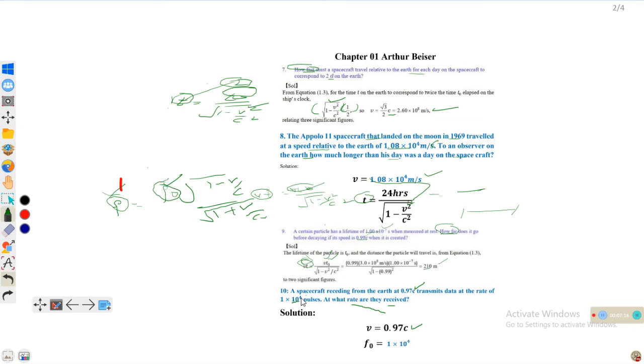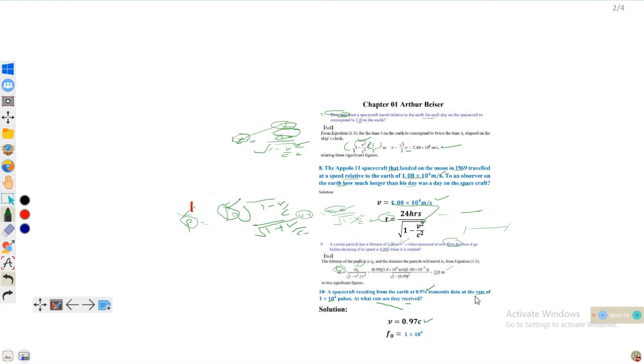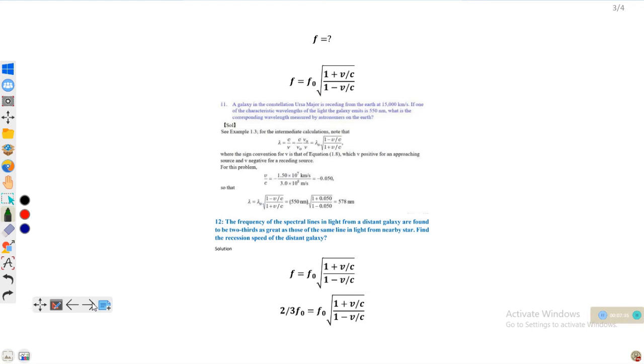It is given as 1 × 10^4 pulses, the number of pulses per unit time. So F naught is 1 × 10^4. If I go back to the formula, F is equal to F naught times the square root of (1 plus V over C) over (1 minus V over C).